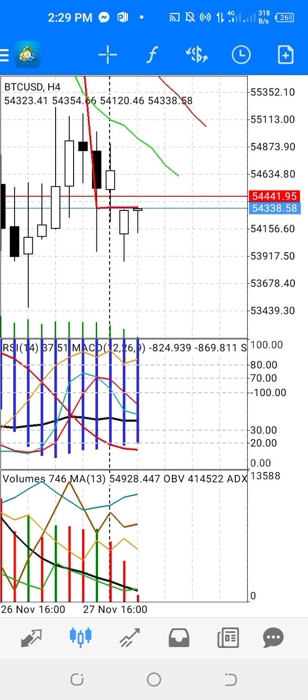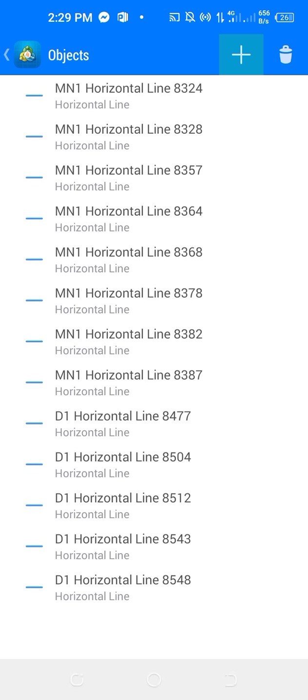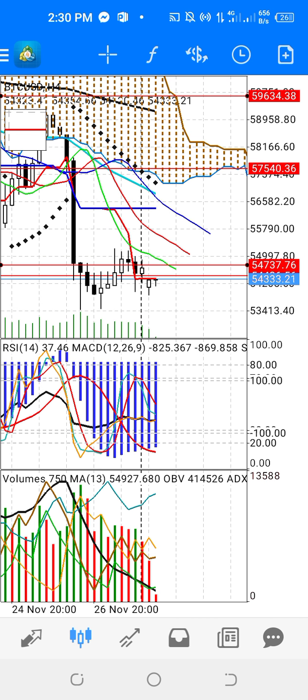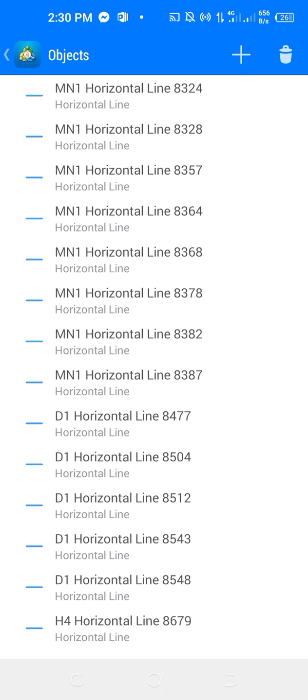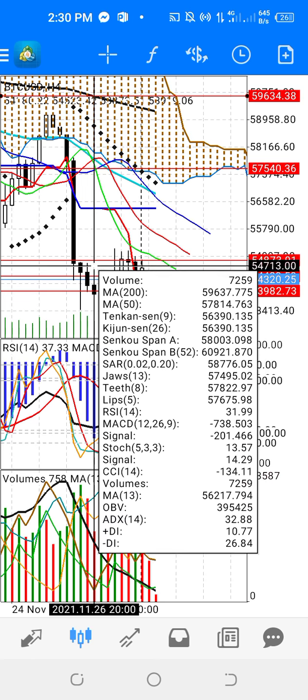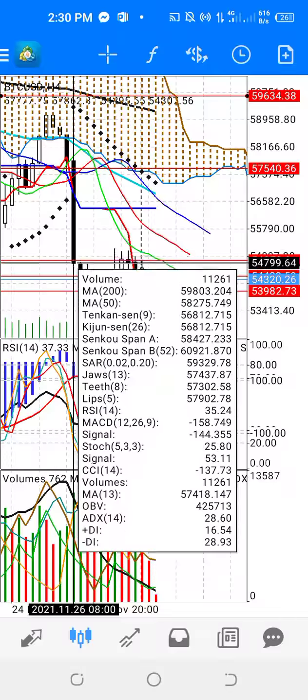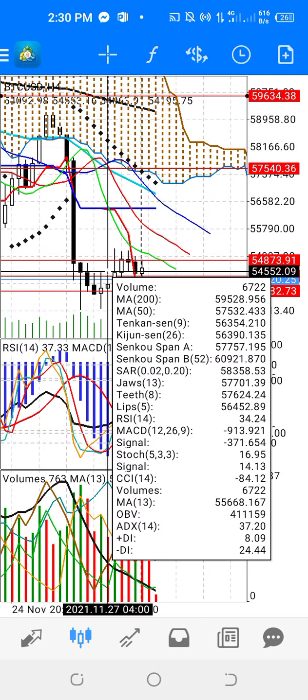Yeah, this is the 4 hours. Because there is ongoing trading on the other platforms, we will not wait for Monday. So this is the 4 hours. There is a consolidation, and the price is resting on the support.